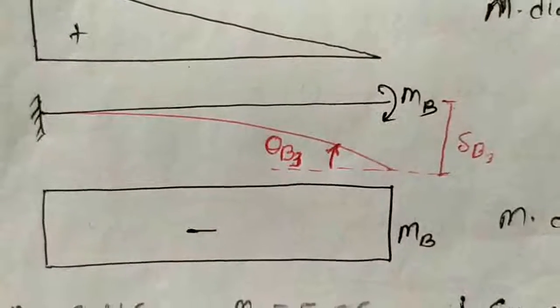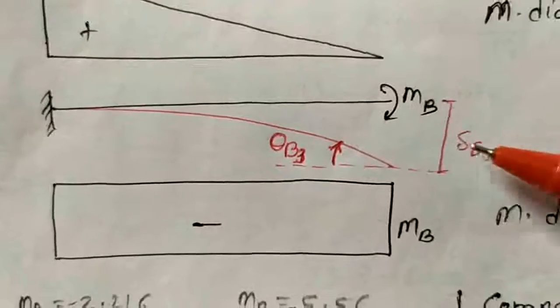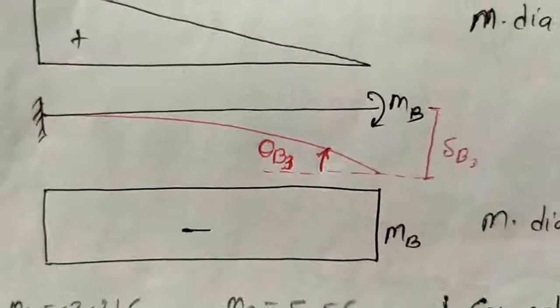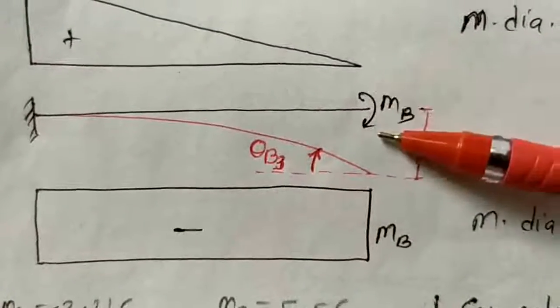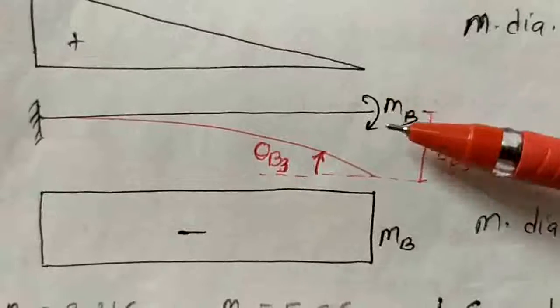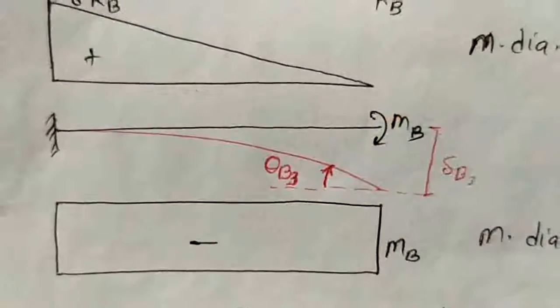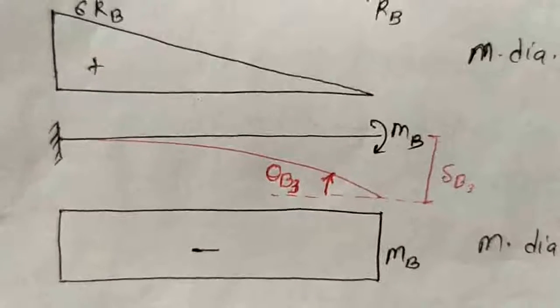Likewise, because of the application of MB, we are getting both delta B3 and theta B3. But the governing effect we have to take is the rotation, because MB is a moment. Because of the moment, you have to consider a rotation. So now based on this, we will apply the sign convention.